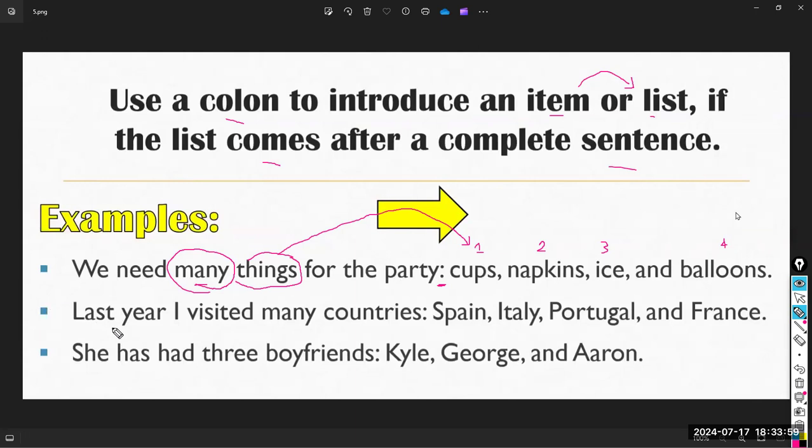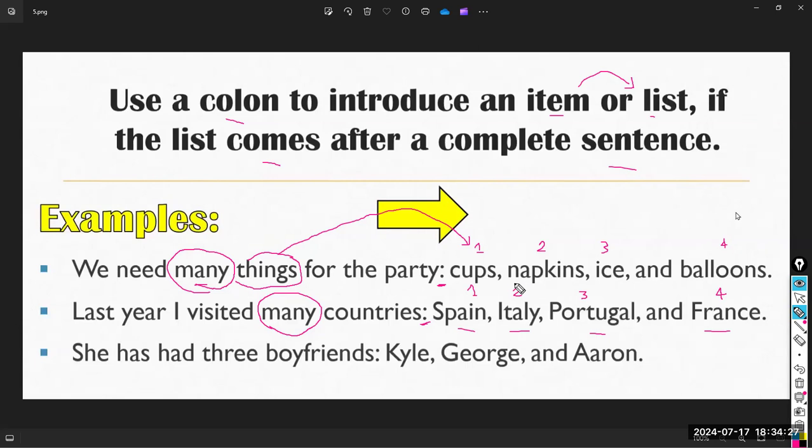The next example says, last year I visited many countries. So what are the countries that you visited? Let me tell you, colon, Spain, number one, Italy, number two, Portugal, number three, and France, which is the last one. So one, two, three, four, these are the countries that I visited last year.